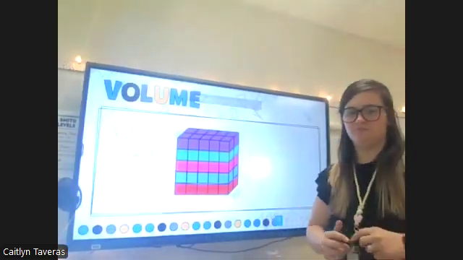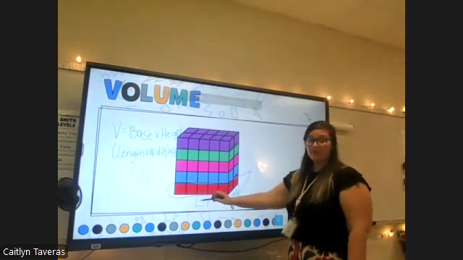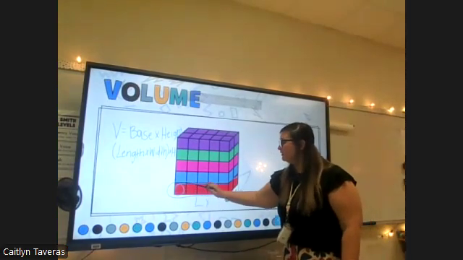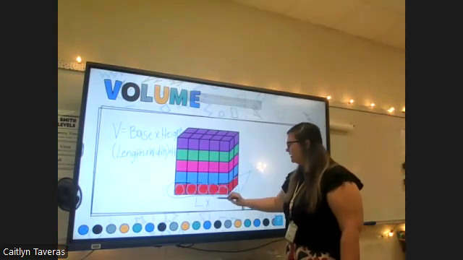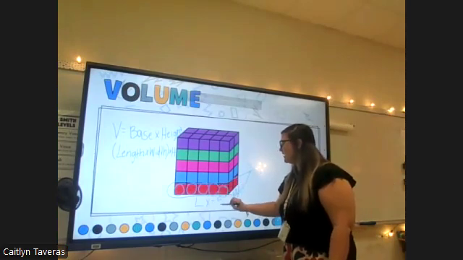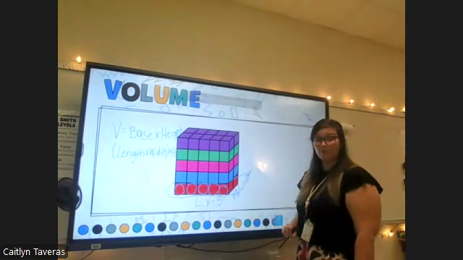So I'm going to fix the screen for a second. Now, our length is how many cubes we have on the bottom. We have 1, 2, 3, 4, 5. So our length equals 5. Our width is how many cubes we have going backwards.